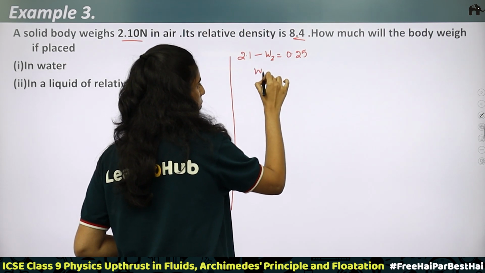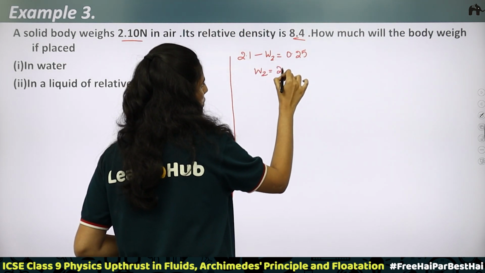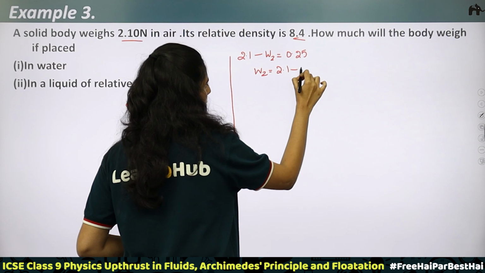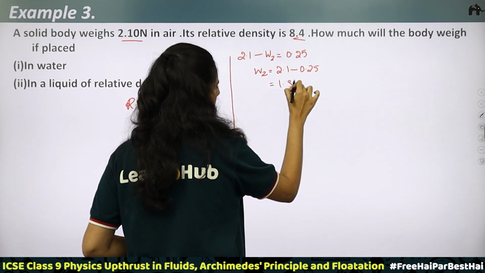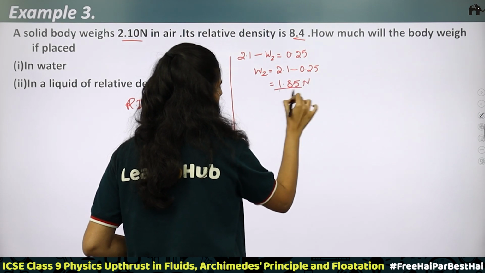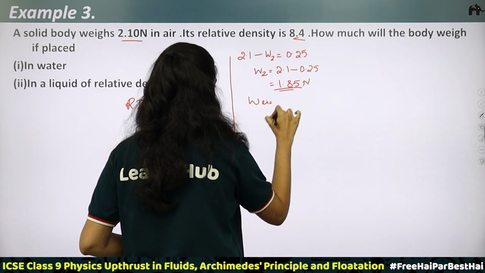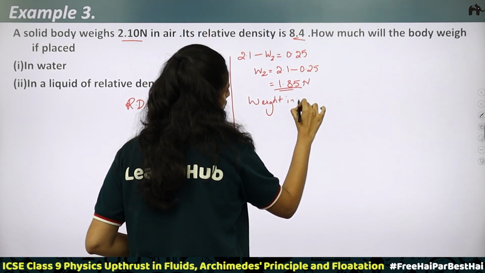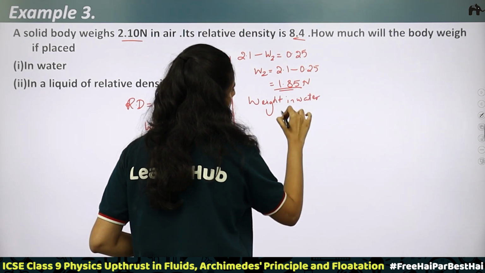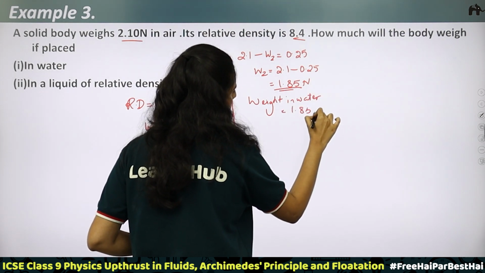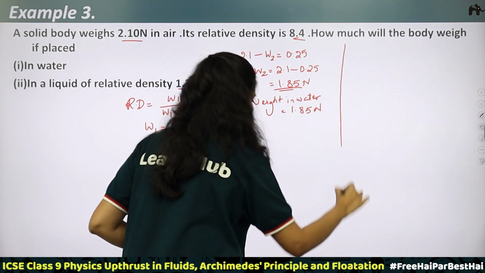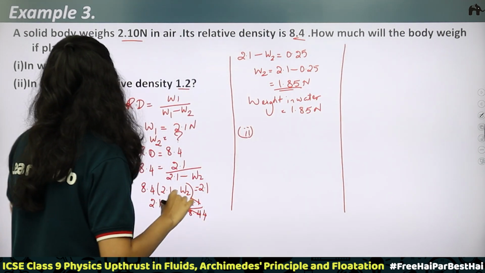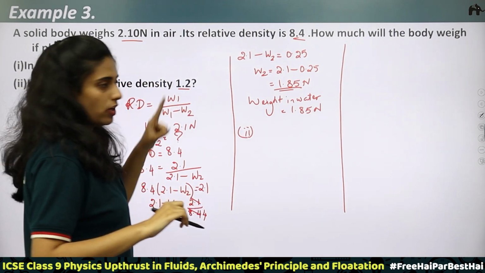Now we can find W2. W2 will be equal to 2.1 minus 0.25, which is equal to 1.85 Newton. So weight in water is 1.85 Newtons.